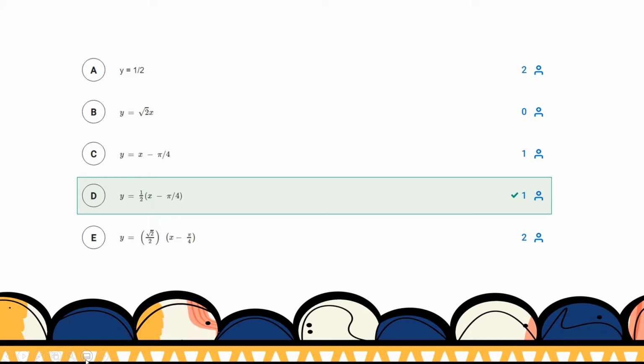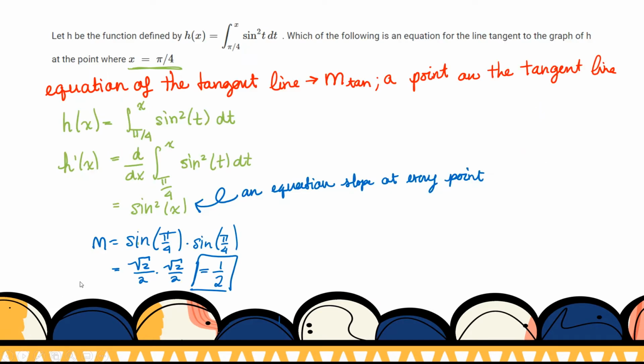So let's compare that to the answer choices and see if that helps us eliminate any. Here we see y equals 1/2, but you notice it doesn't have an intercept. Here we have y equals square root of 2x, so it can't be that, it can't be this, and it can't be this. So technically this could leave you with two different possibilities, except that this is a straight line and the function sine squared is definitely not going to give you a straight line.